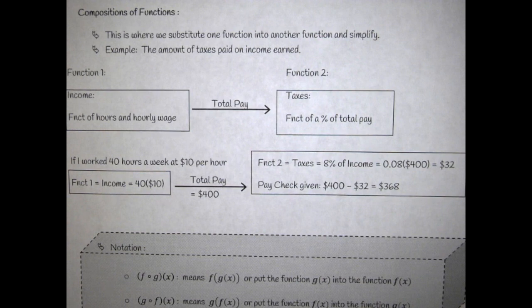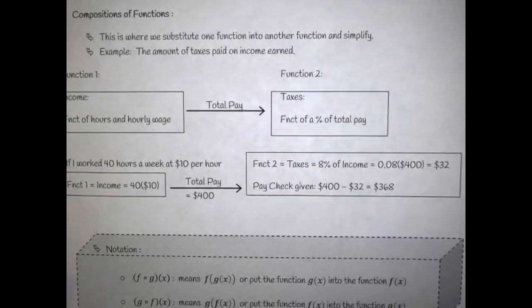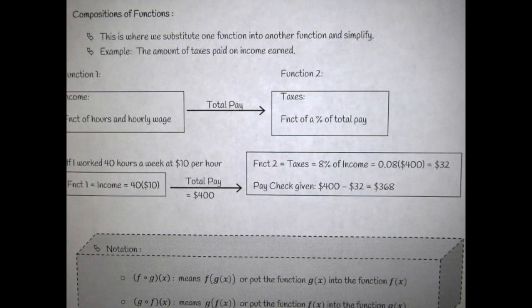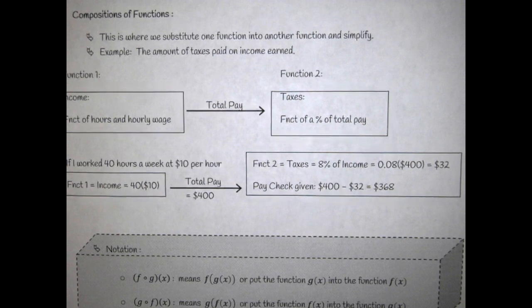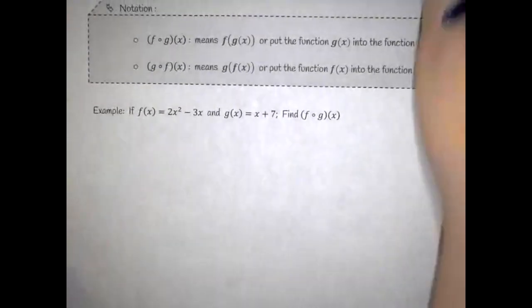That means your paycheck that you would get when you opened it up would say $368 because 32 of it went to taxes. This is composition of functions. It is taking one function and inputting it into another function to spit out an evaluation. So we have some notation here that we have to pay attention to.